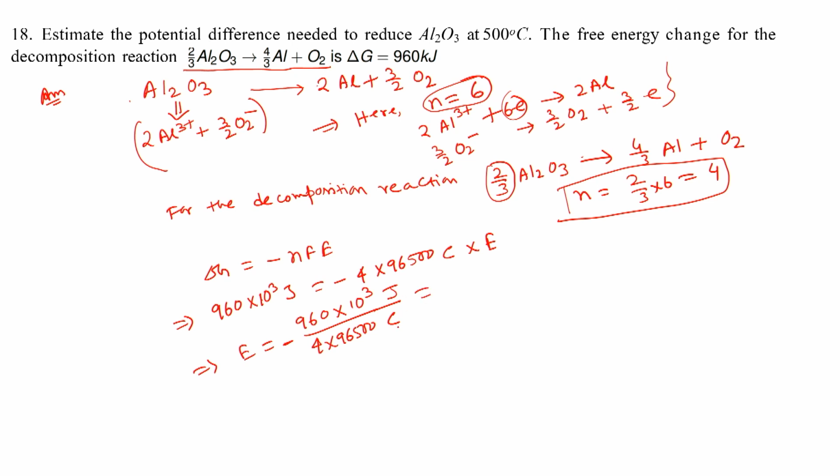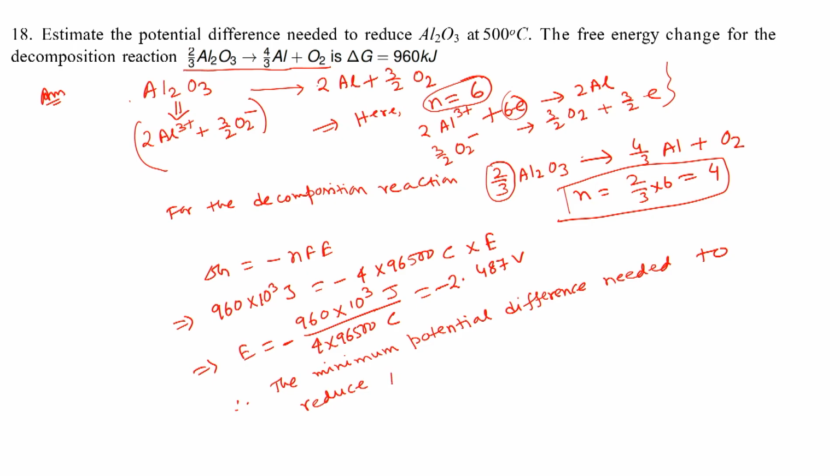So joules by coulomb gives volt. If we calculate this one, we get 2.487 volt, and we have the minus sign here. So therefore the minimum potential difference needed to reduce Al2O3 is 2.487 volt.